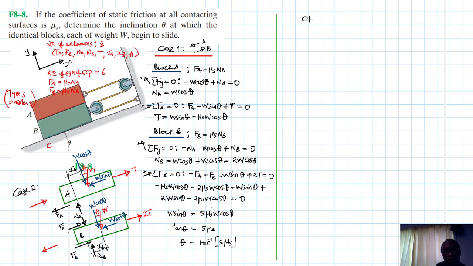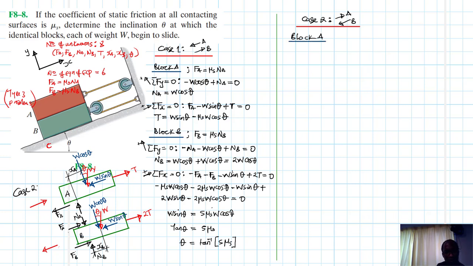Okay, so this is case 2, where we are assuming A moving in that direction, A like so, and then B like this. Alright. Okay, so block A. Let's start with block A. Block A, what do we have?